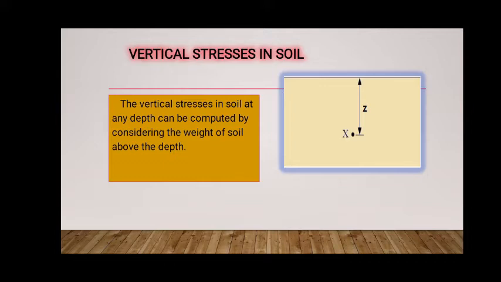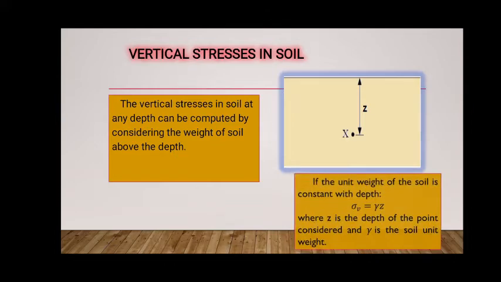As we see in the figure, if the unit weight of the soil is constant with depth, the formula is vertical stress equals delta times z, where z is the depth of the point considered and delta is the soil unit weight.